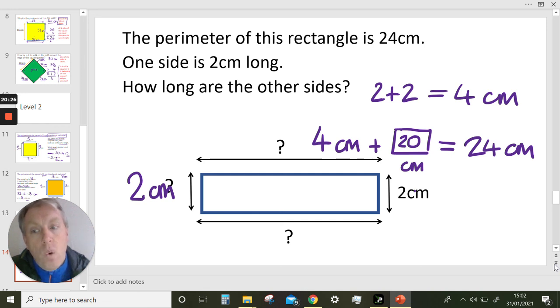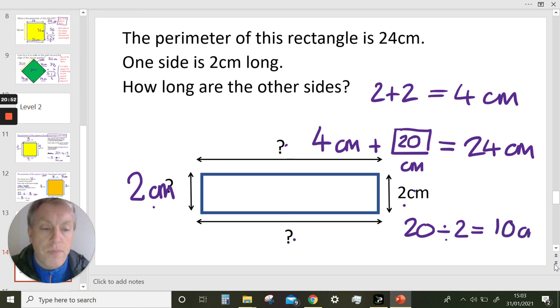So altogether, it's got to be 2 centimetres here, 2 centimetres here. And then these two sides have got to add up to 20. So I've got to divide the 20 by 2, because there's two equal length lines that make 20 centimetres. 20 divided by 2.